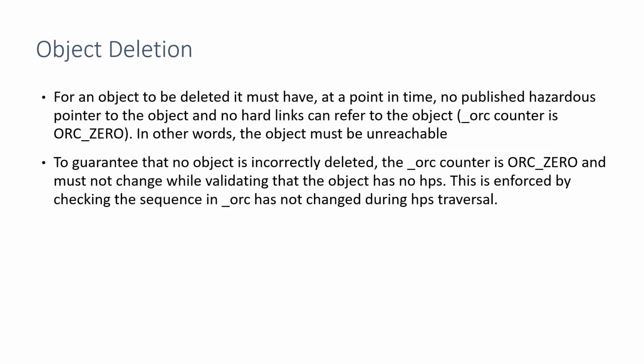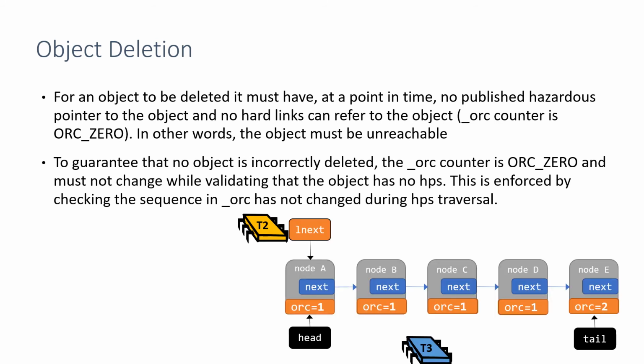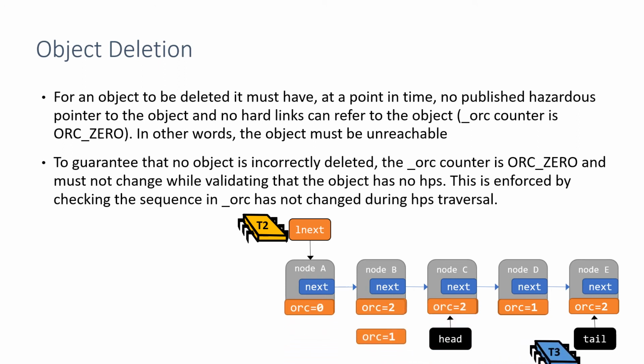Regarding object deletion, I will show an example. T3 will start by dequeuing nodes A, B, and C. At this point, the global references head and tail no longer can reach A, B, and C, but these nodes are still reachable through T2 that has a local reference to node A. The only node that can be retired at this point is node A that has orc at 0, but it cannot be deleted.